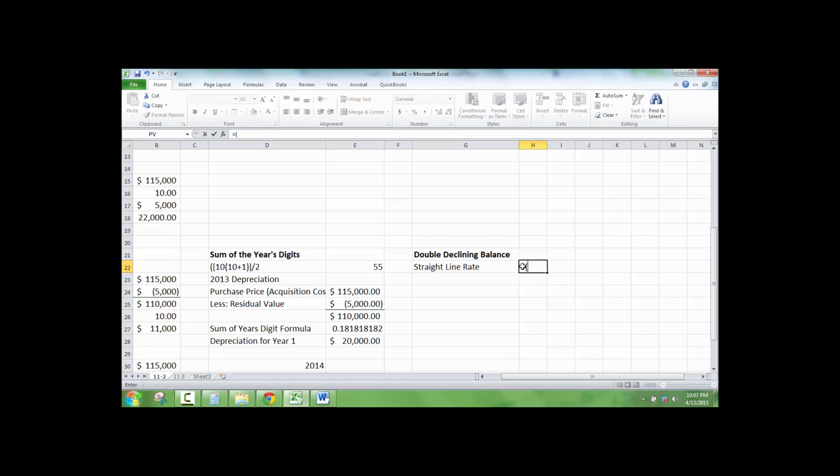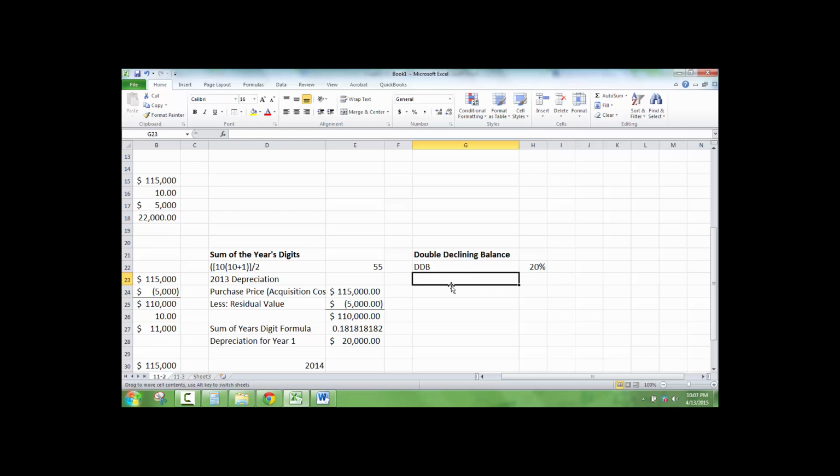It equals 1 divided by 10 times 2, or 20%. Sorry, DDB. This is our double declining balance. 1 year divided by 10 years, which is the useful life, times 2, double declining balance.